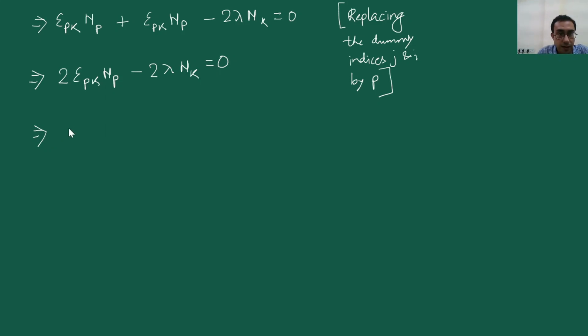So the twice cancels out, and what we are left with is epsilon pk np minus lambda nk.